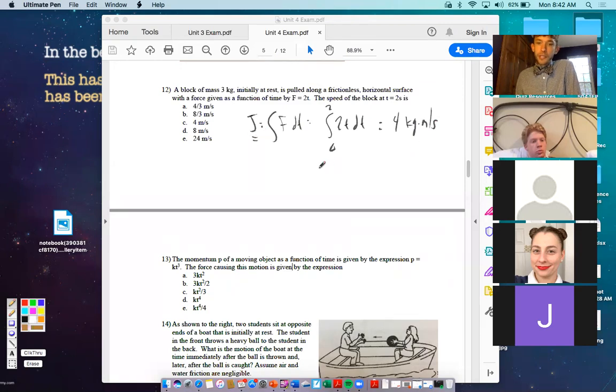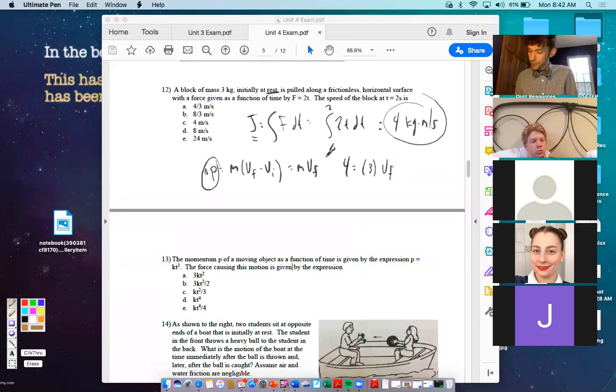That is my impulse, and that is a change in momentum. So if my thing began at rest, I can say this: change in momentum is going to equal m times (vf minus vi), the change in velocity. And I know that my vi was 0, so that's going to equal m vf. And I've just discovered what my change in momentum is, haven't I? That's what the impulse is, of 4. So 4 equals a mass of 3 times vf. Your vf is, of course, going to be 4/3.